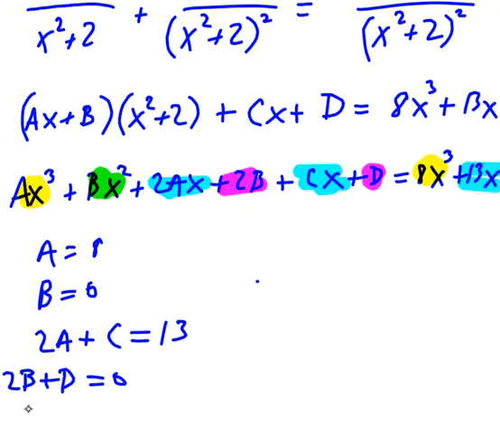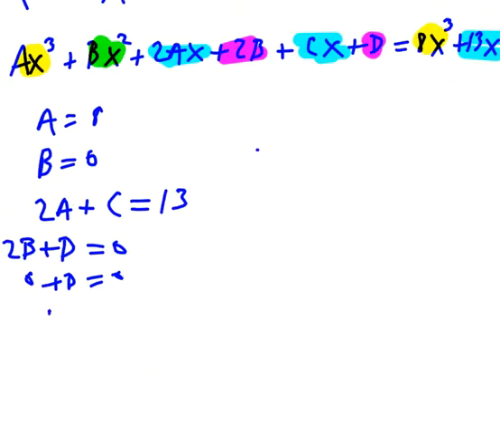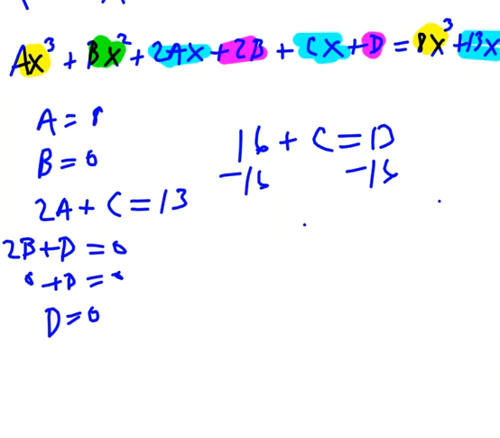Since B is equal to 0, you end up with 0 plus D is 0, D is still 0. Now, since A is 8, we're going to have 16 plus C is equal to 13. And then I'll move that over and get C is equal to negative 3.